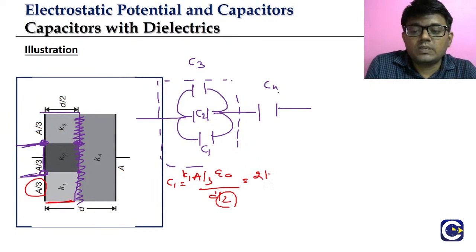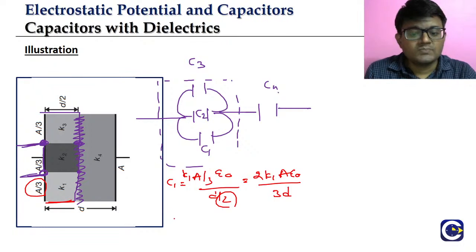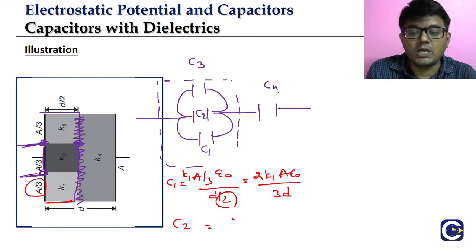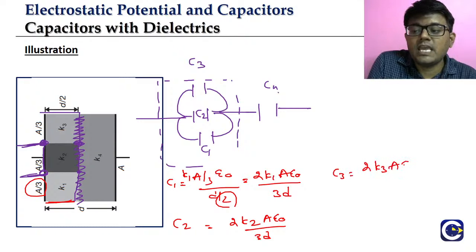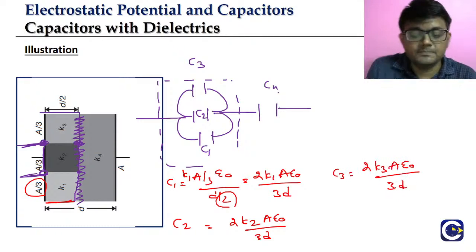So 2K1 A epsilon naught by 3D. Observe that. C2 also will have a similar formula, 2K2 A epsilon naught by 3D. Similarly the value of C3 will be 2K3 A epsilon naught by 3D.